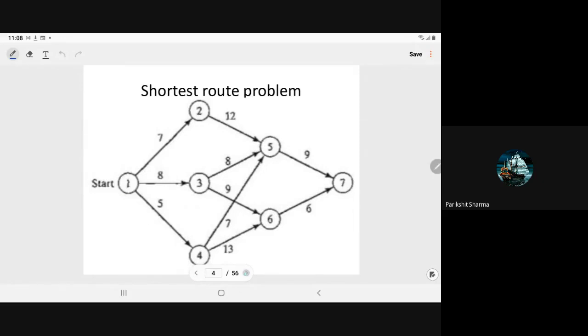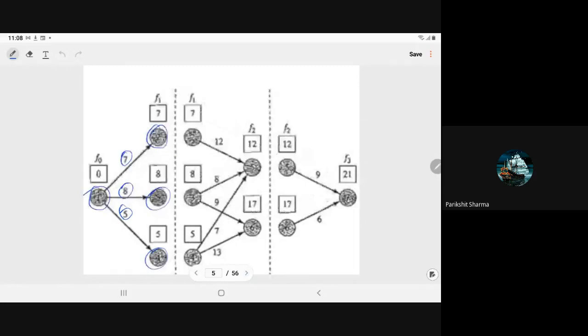So for city 2, the feasible route is only one, of 12 kilometers. For city 3, feasible routes are 2, of 8 and 9 kilometers respectively. For city 4, feasible routes are again 2, of distance 7 and 13 kilometers.